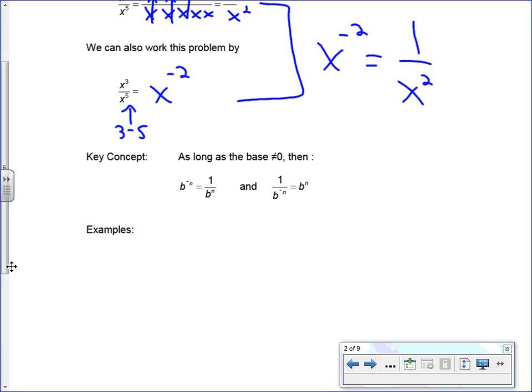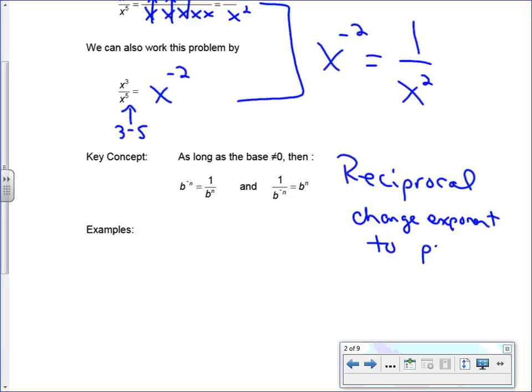The basic rule is that you're going to take a negative exponent and write a reciprocal. That's what a negative exponent means. And when you write a reciprocal, you're going to change the exponent to a positive. You have to do 2 things, reciprocal and change the exponent to a positive.